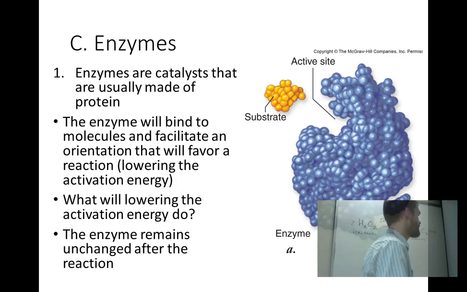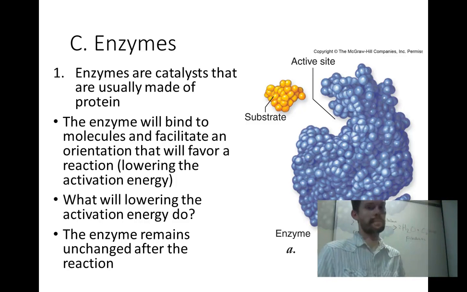Lowering the activation energy will increase the rate of the reaction. Now, it's important to note the enzyme does not change. Before and after, it still retains the same shape. And they're usually made of protein. Sometimes they're made of nucleic acids. But when we talk about enzymes, we're usually talking about a protein.